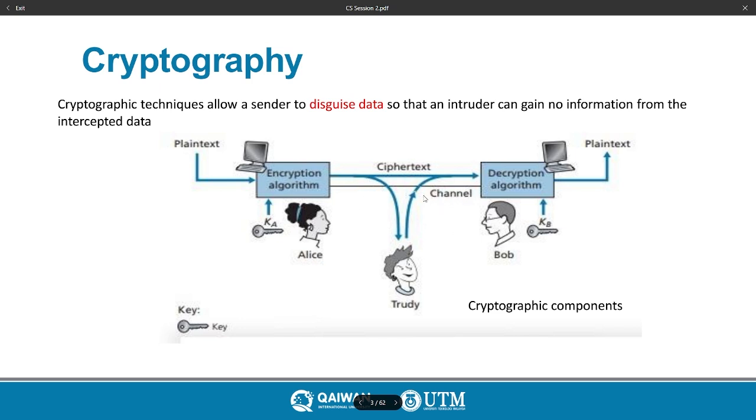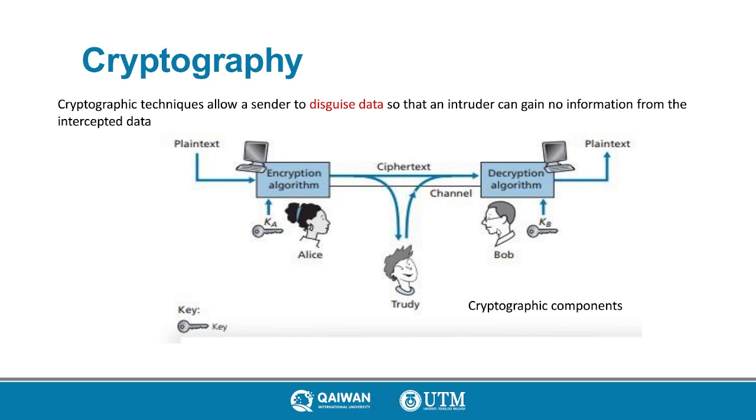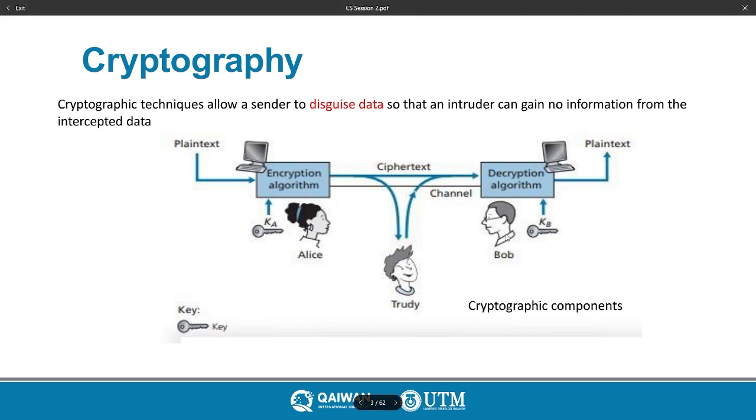The only way would be to decrypt it, and to decrypt we will need the key. Bob has it, and after decrypting the ciphertext, he will get the plain text and know what Alice intended to tell him.